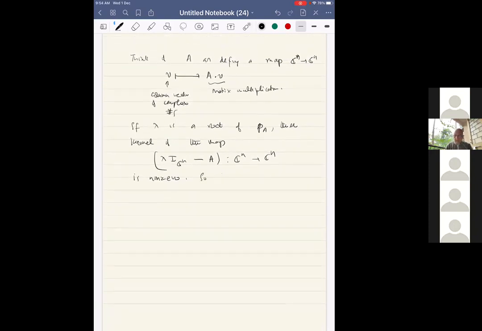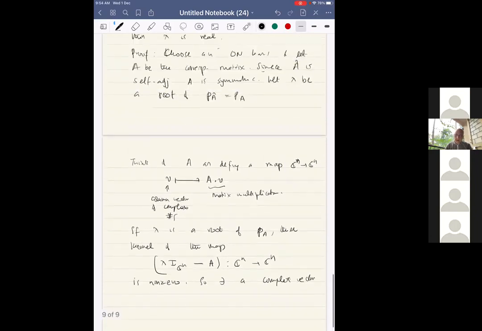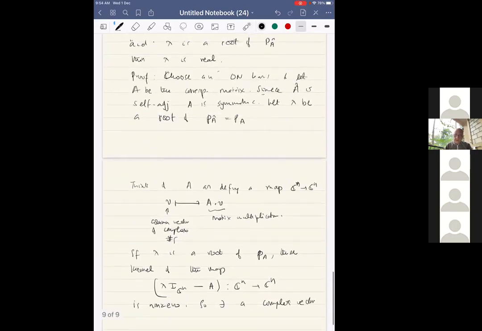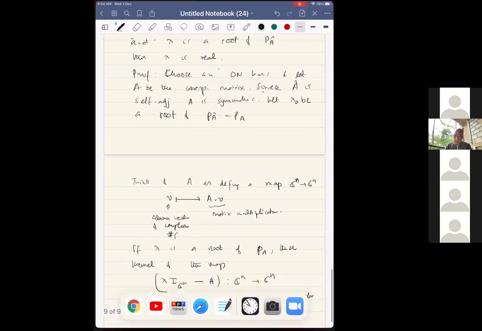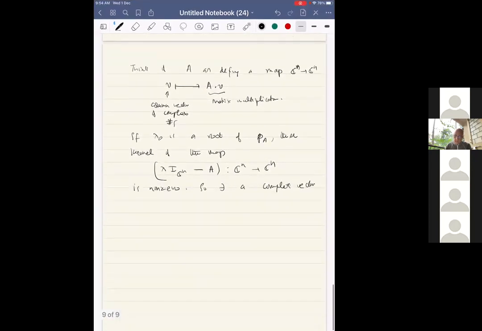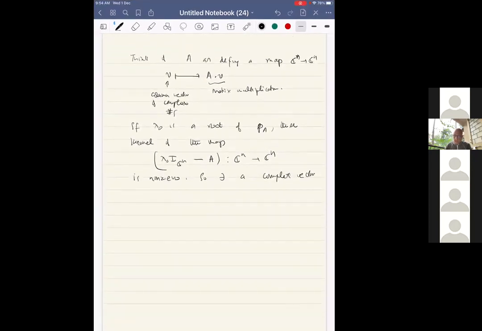So there exists a complex vector. Let me call this lambda 0, by the way. There exists v0, which is a non-zero vector, such that A v0 is lambda 0 v0.